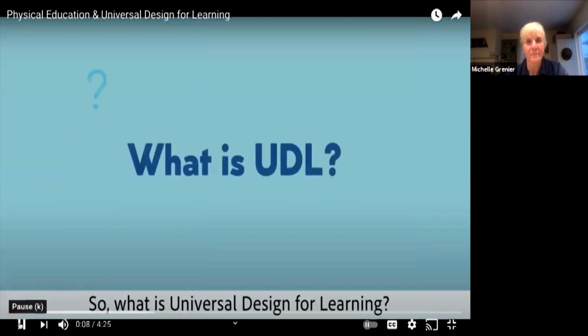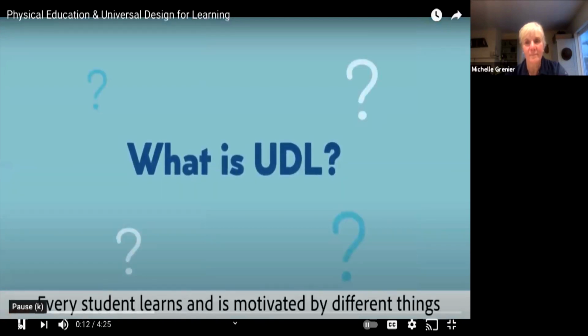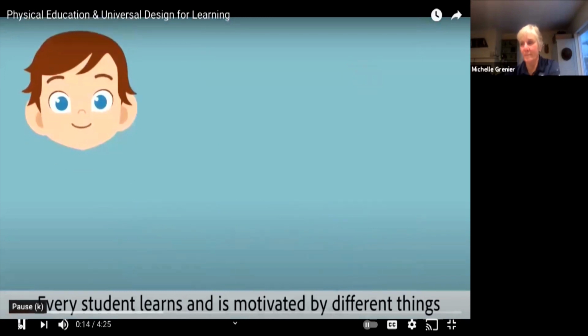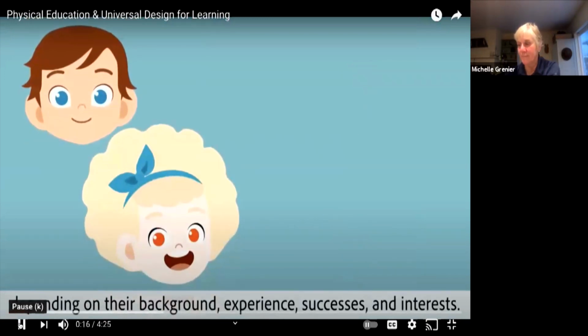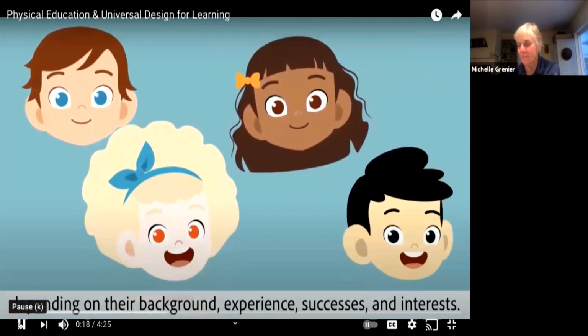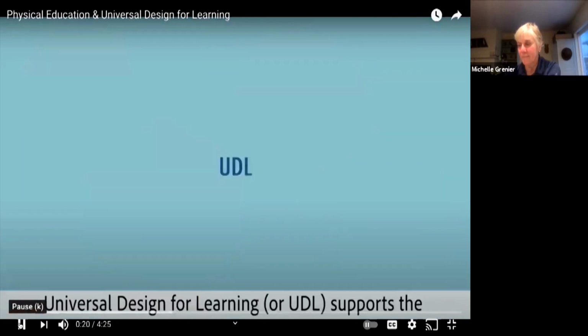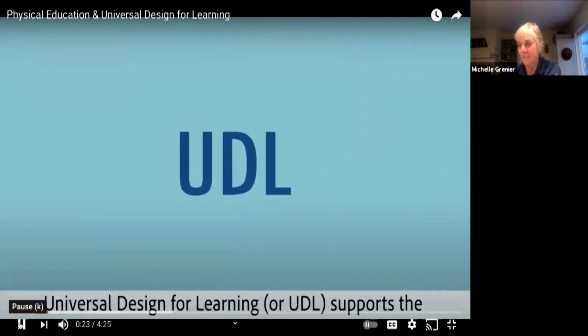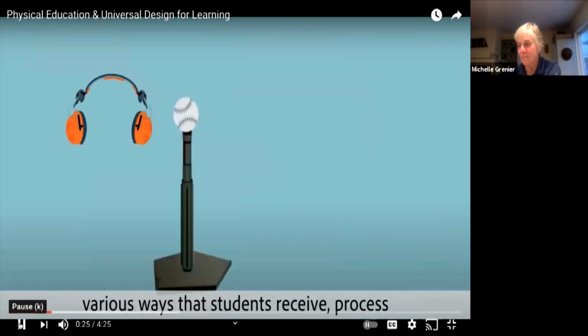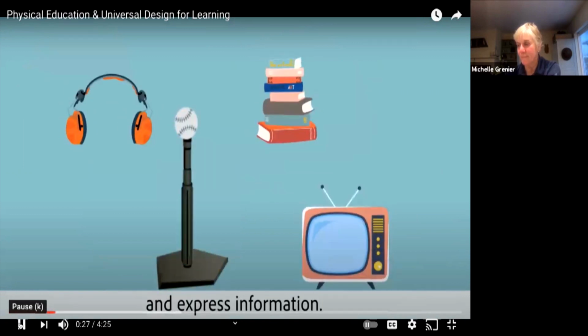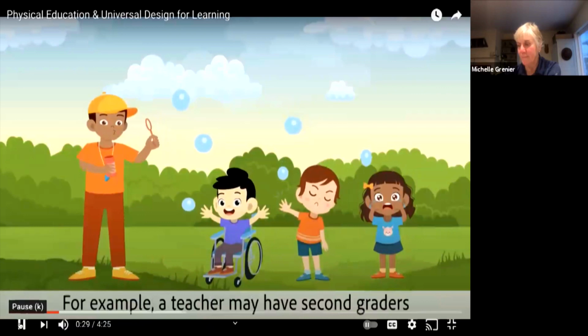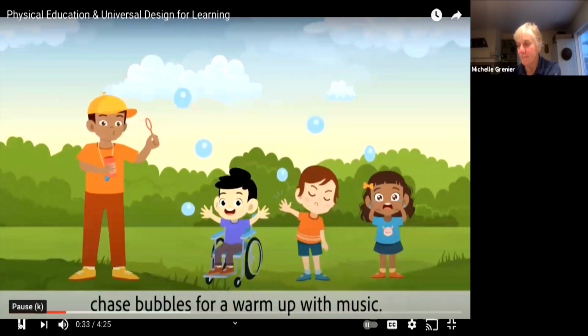So what is universal design for learning? Every student learns and is motivated by different things, depending on their background, experience, successes, and interests. Universal Design for Learning, or UDL, supports the various ways that students receive, process, and express information. For example, a teacher may have second graders chase bubbles for a warm-up with music.